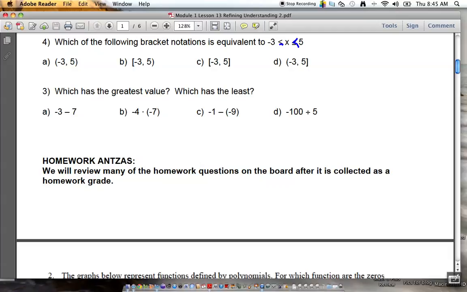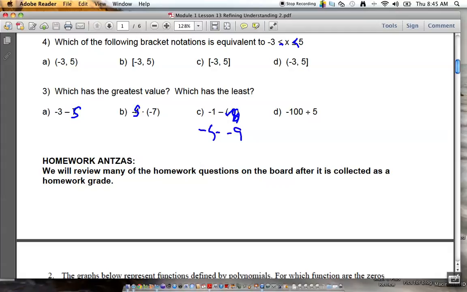Which has the greatest value? Do you have the same numbers? No. Okay, is the first one the same? What do you get? -3 minus 5. Next one? That -5 times -7. Okay, next one? The 9 stays the same.